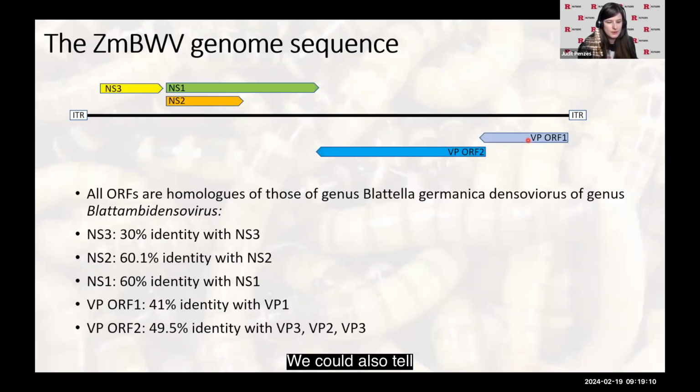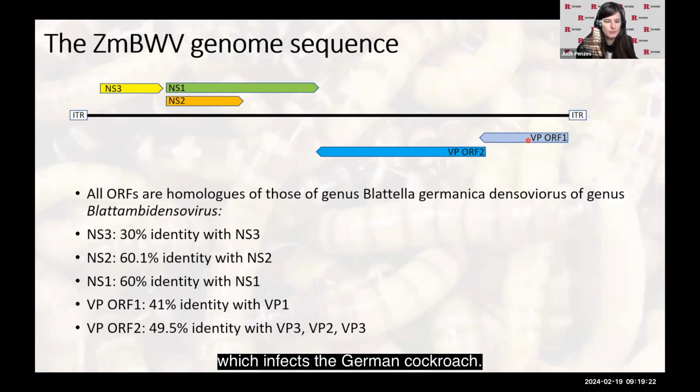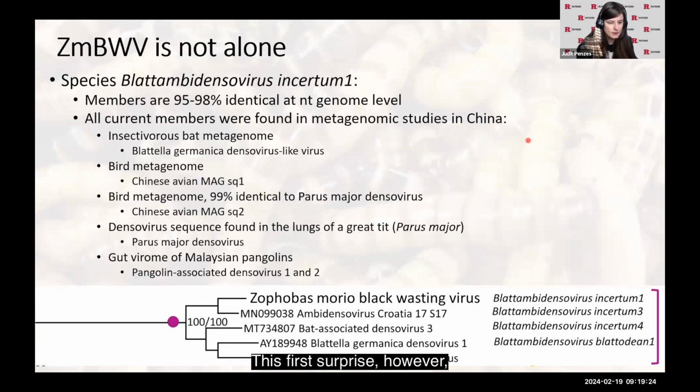We could also tell, based on sequence homology searches, that the closest relative to this new virus was Blattella germanica densovirus, which infects the German cockroach. The first surprise, however, came at this point with the sequence, when we realized that this virus was actually not alone out there.